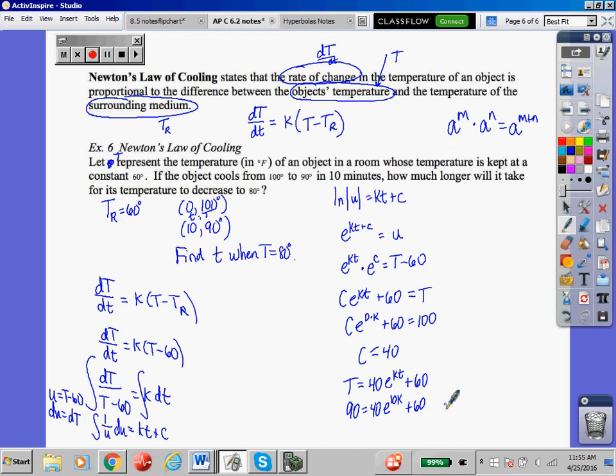So I subtract 60, and I get 30 equals 40e to the 10k. Divide by 40, and that's 0.75 equals e to the 10k. Take the natural log of both sides.